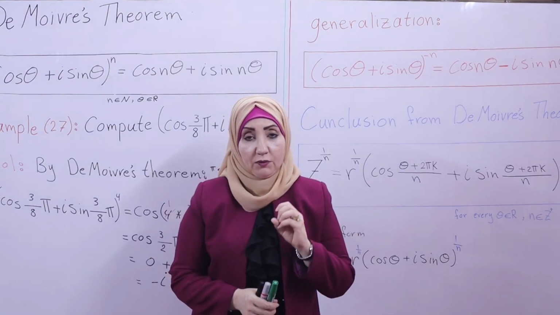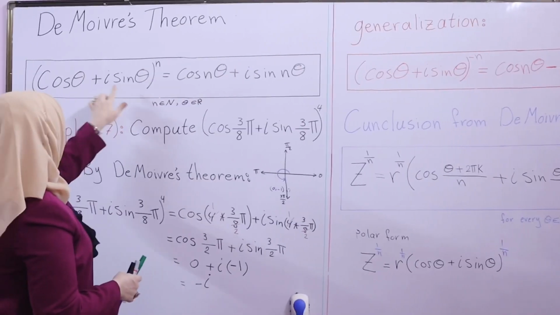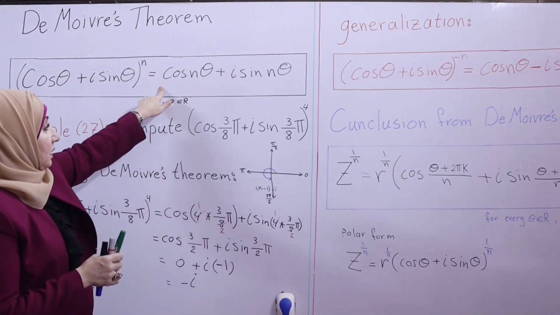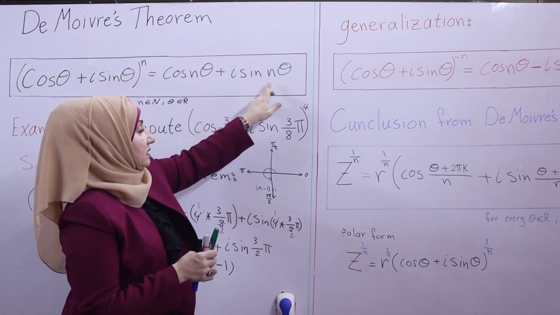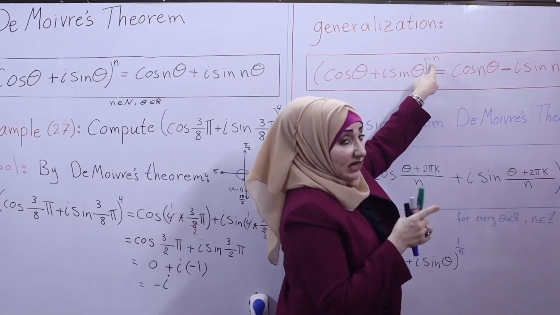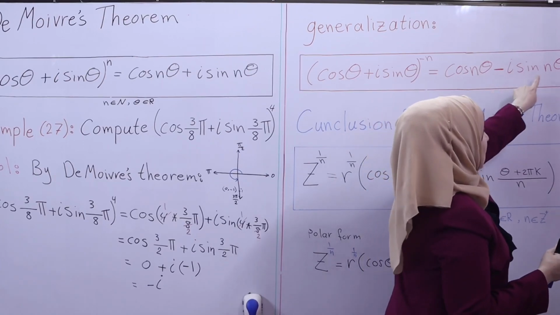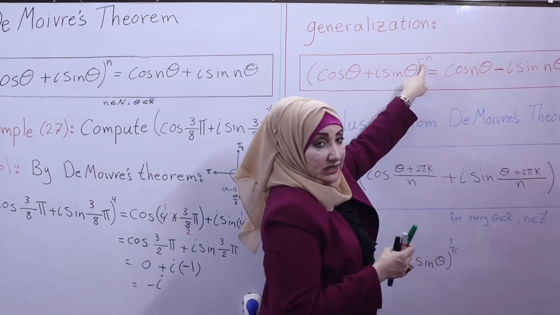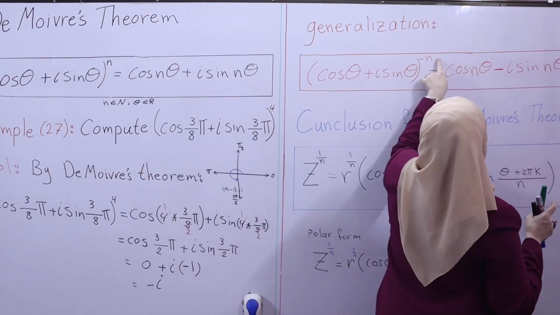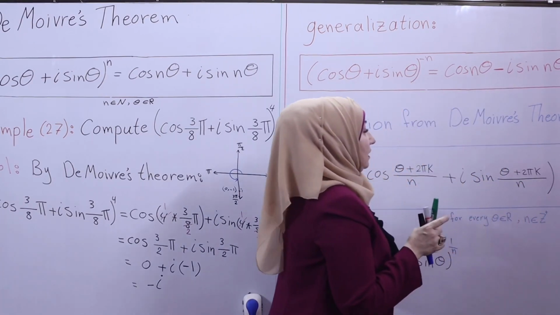The first one, if we raise the expression cosine theta plus I sine theta to the power positive n, it will be cosine n theta plus I sine n theta. Second, if we raise this expression to the power negative n, it will be cosine n theta minus I sine n theta. هنا الفرق إذا رفعنا للقوة السالبة راح يكون cosine n theta، أيضا نضرب ال n بالزوايا but it will be minus، راح يصير بالوسط عندي طرح.